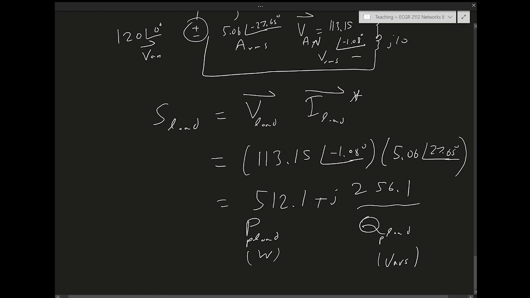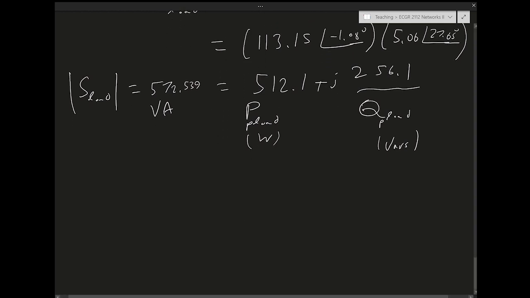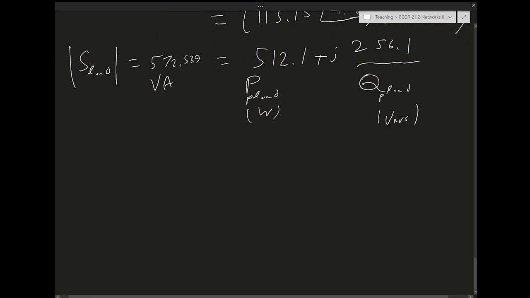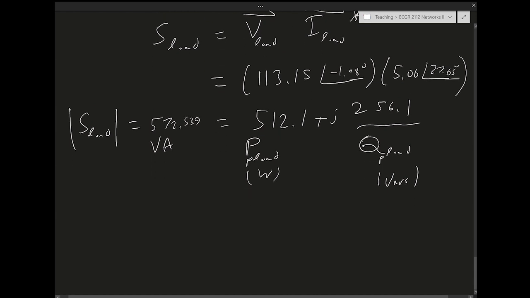What about the apparent power? So this is S load magnitude. It's going to be the magnitude of this thing, which is 572.539 VA. You know how to find that, right?